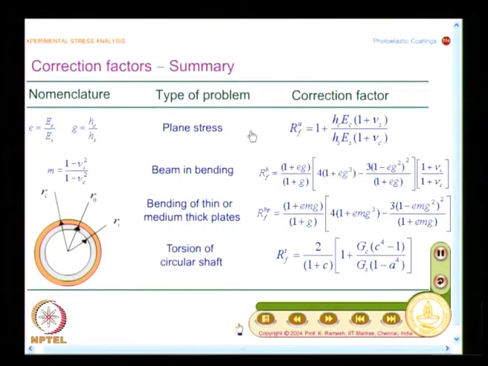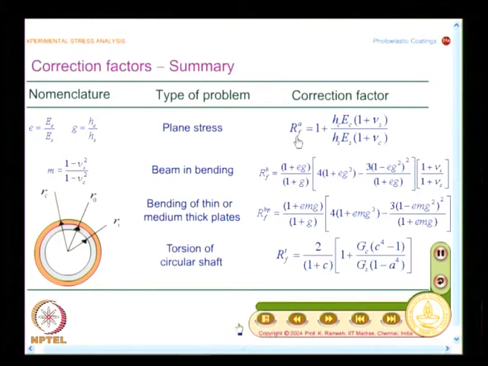And we will look at the correction factors we looked at, and this is more of a summary. Depending on the type of problem, whether it is plane stress, beam in bending, or bending of thin or medium thick plates, and torsion of circular shaft, you have the correction factors available here.